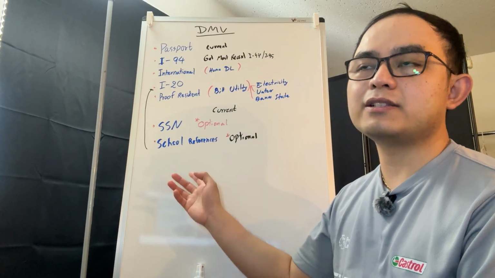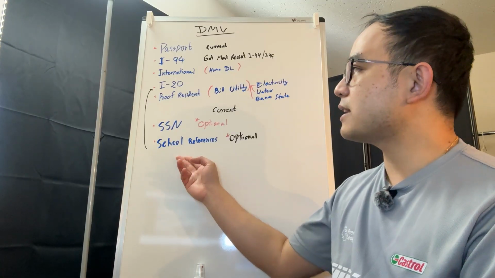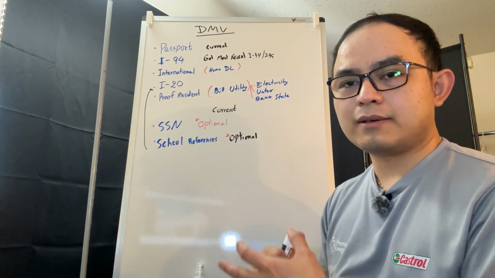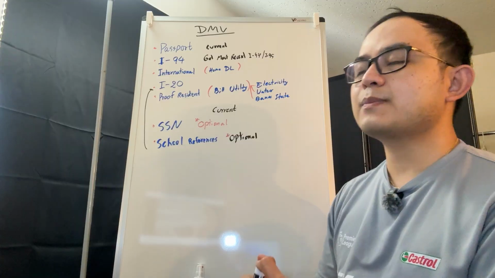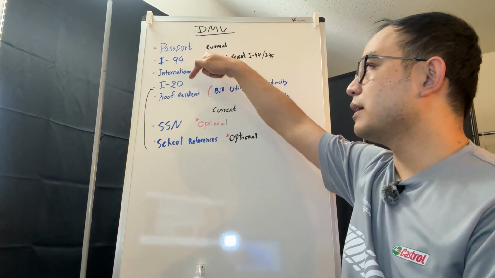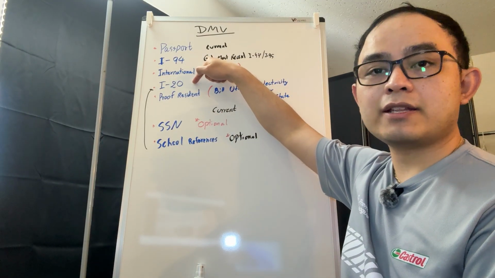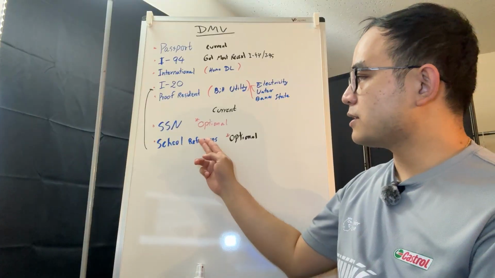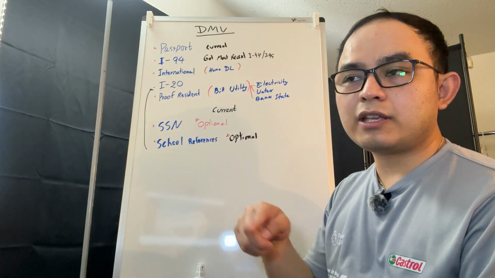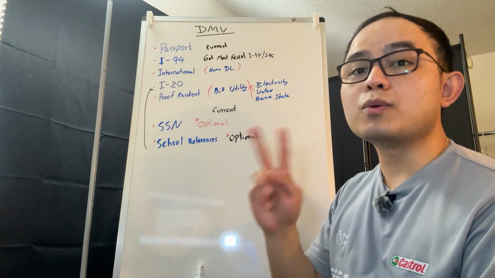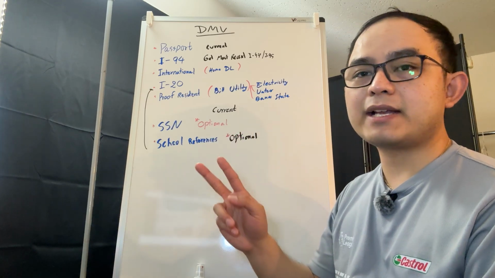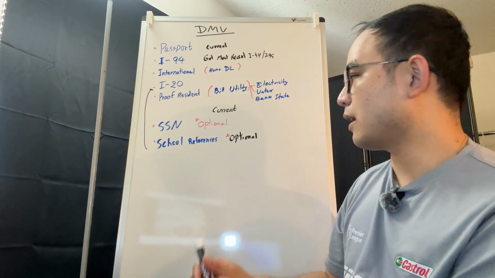The officer at the DMV is going to extend your expiration date too. For example, your I-20 expires at the end of this year. School reference can give you 60 days, or 2 months, on the expiration date too.